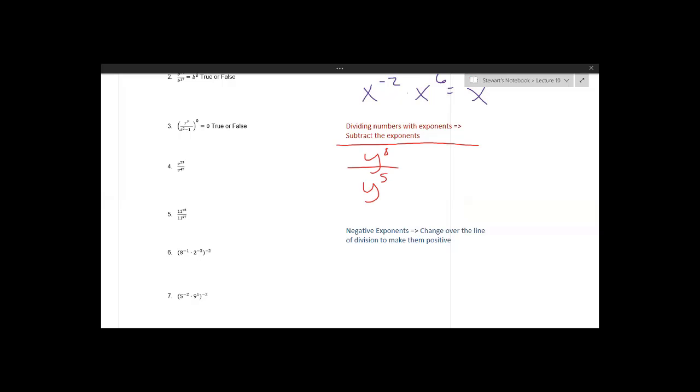Since they're the same base but with different exponents, you would subtract, and you'd end up with y to the 8 minus 5. So it'd be y to the 3rd power as your result. And that's how you deal with dividing the same base with a different exponent. You just subtract the exponents.